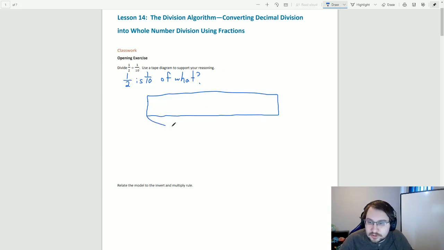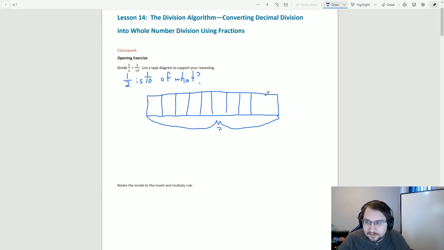I don't know what the whole size of this is, but I do know that if I split it up into 10 pieces, 1, 2, 3, 4, 5, 6, 7, 8, 9, 10, then I know that one of these pieces, at the very least, is 1/2.